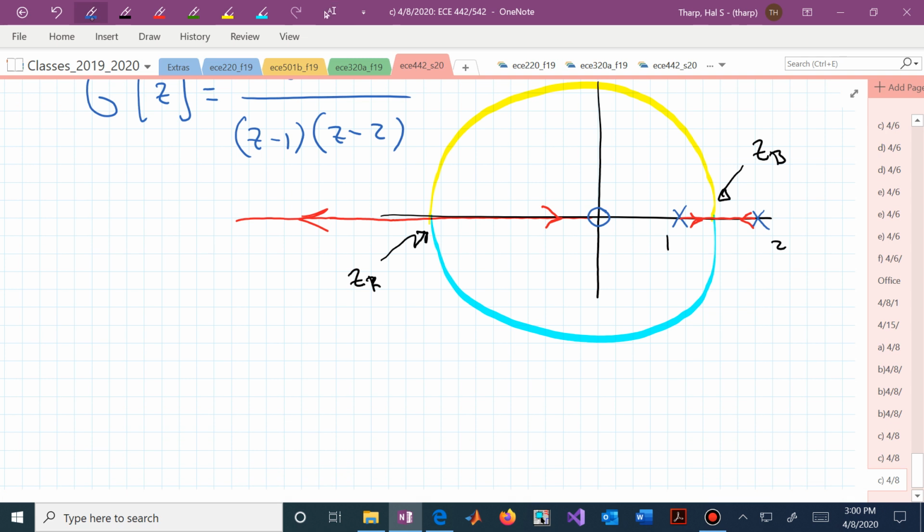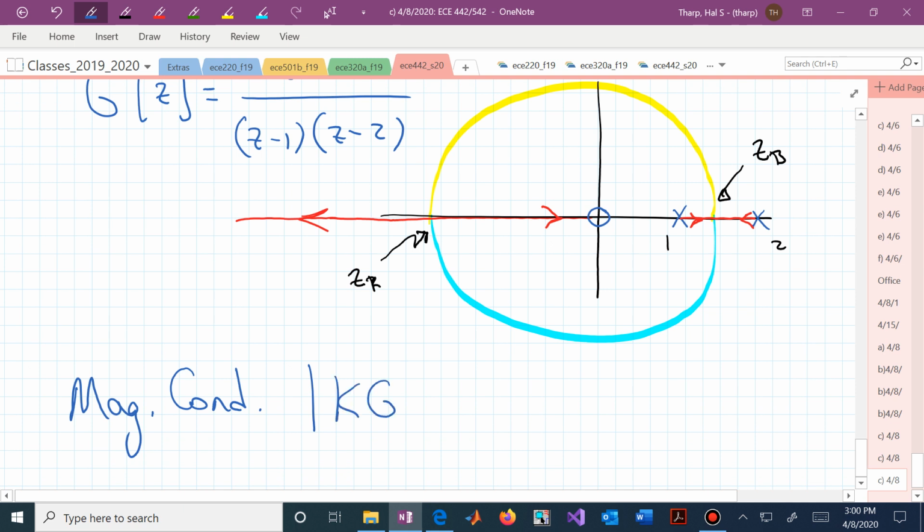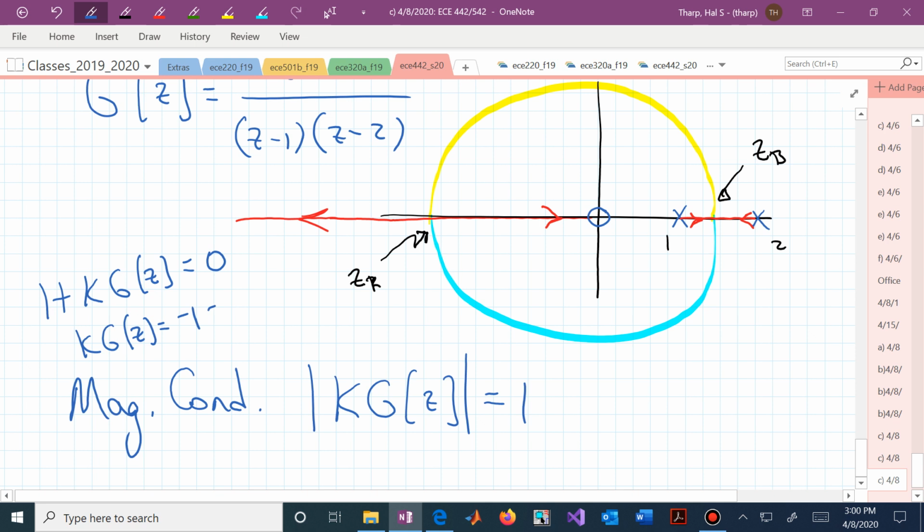We know from our magnitude condition that in fact the magnitude of kg(z) equals 1. Again, this is coming because we have 1 plus kg(z) equaling 0. We subtract 1 from both sides. And now we have 2 conditions on g. The magnitude of kg has to be 1, and the phase of kg has to be minus 180 degrees.